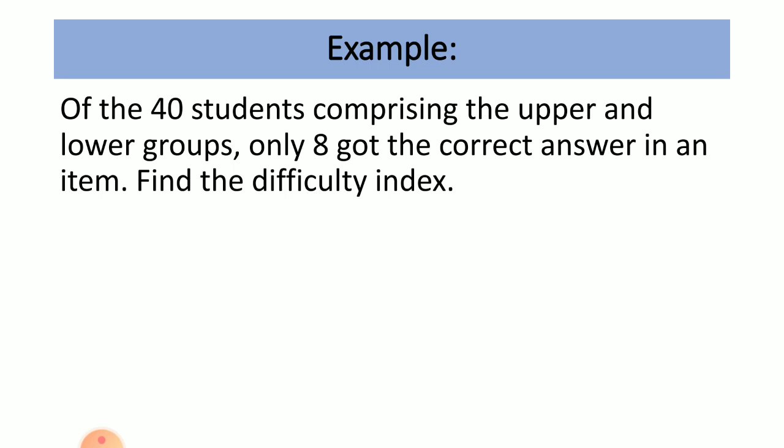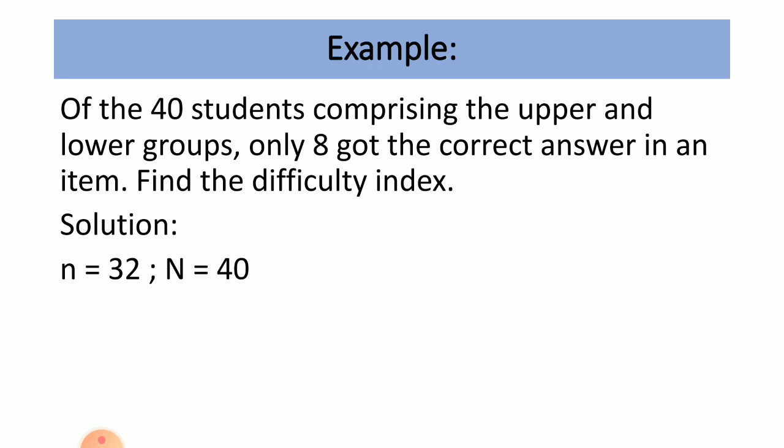For example, of the 40 students comprising the upper and lower groups, only 8 got the correct answer in an item. Find the difficulty index. For the solution, lowercase n is equal to 32. Since only 8 got the correct answer out of 40 students, therefore there are 32 students who did not get the correct answer.